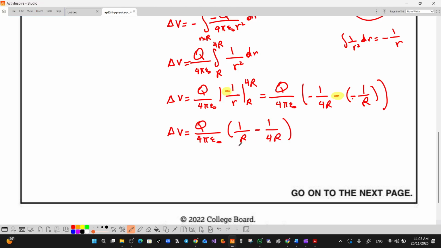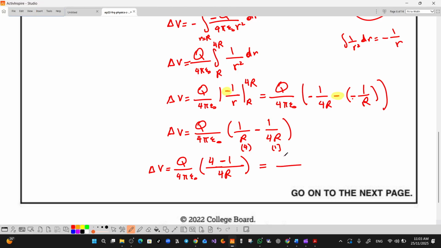Now we can work on the common denominator in order to find a clearer final relationship. So I will multiply here by 4 and here by 1. So delta V is equal to Q over 4 pi epsilon 0, times 4 over 4R, same denominator, and here minus 1. 4 minus 1, technically it's 3.